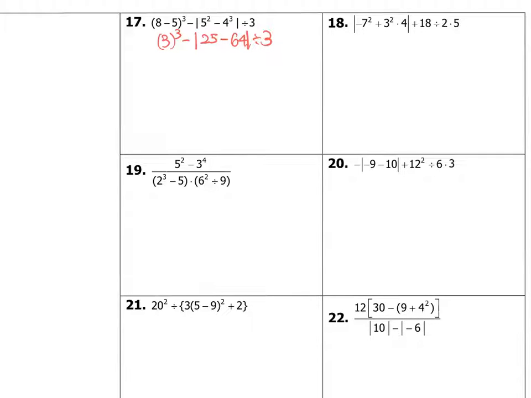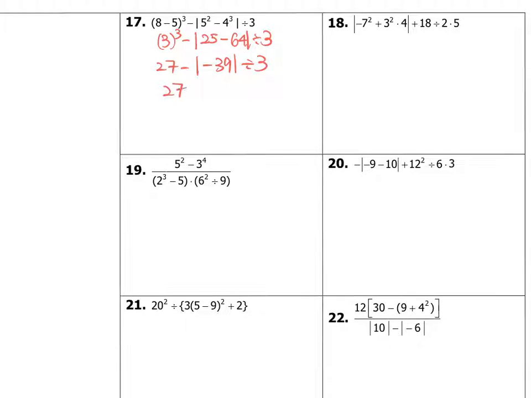So now if I keep going from left to right, I've got 3 cubed, which is 27, and I've got an absolute value that I need to simplify. 25 minus 64 is negative 39, and then I copy down the rest of it.